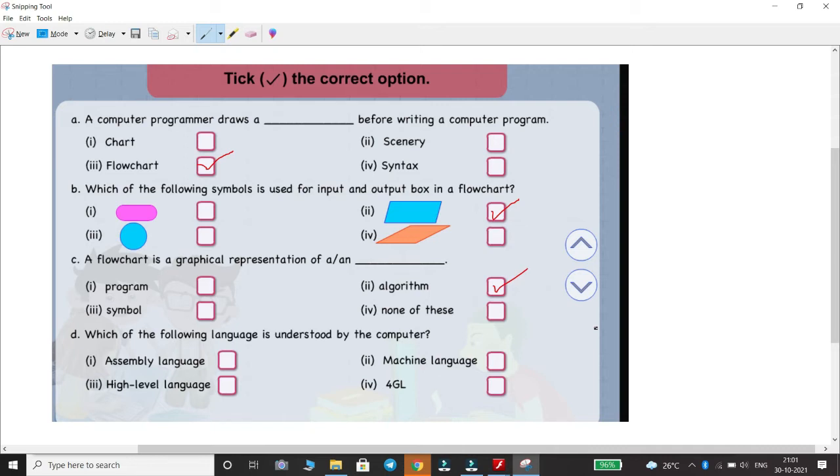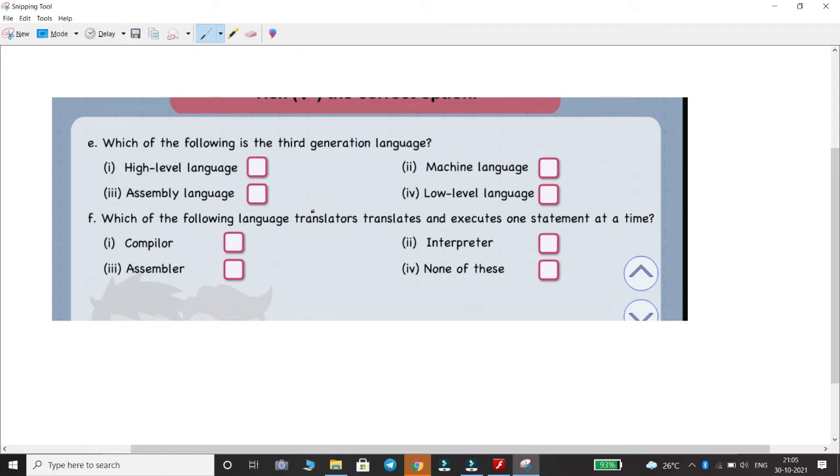Fourth question. Which of the following languages is understood by the computer? Options: assembly language, machine language, high-level language, fourth generation language. Answer is machine language. Fifth question. Which of the following is the third generation language?